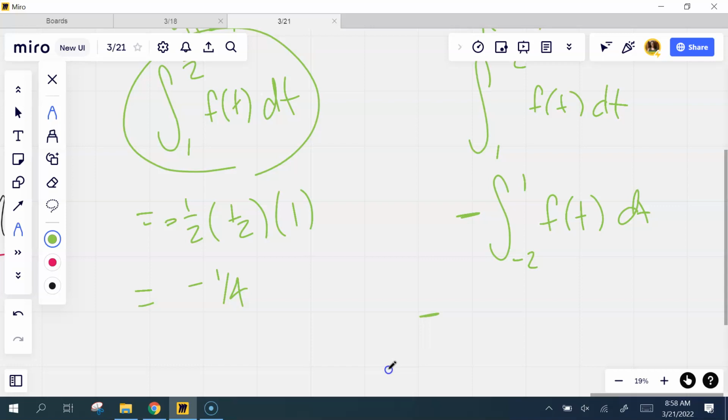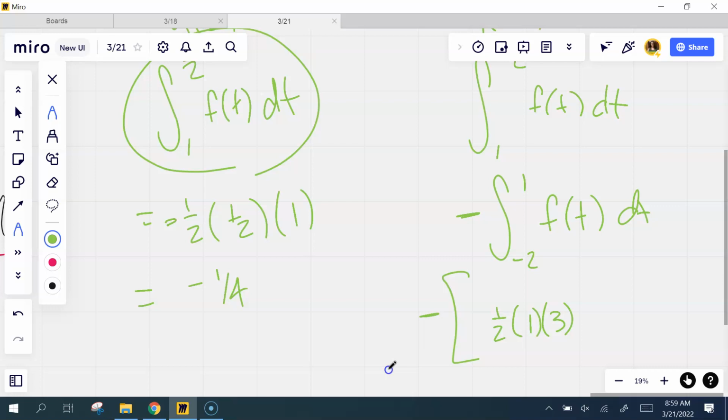So here's what I did. I said negative, and then I started looking. That piece of a triangle has a height of 3 and a base across of 1. So I have 1/2 times 1 times 3. That's above the x-axis, so I keep it positive.